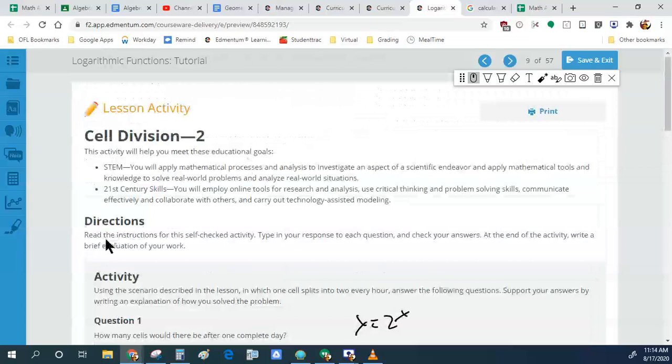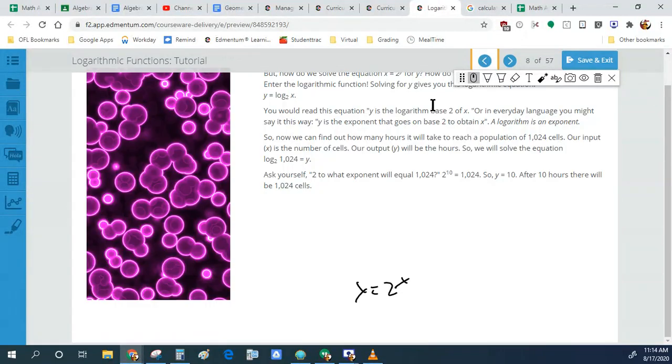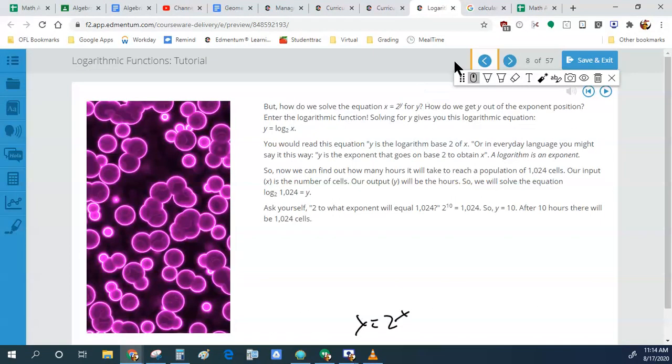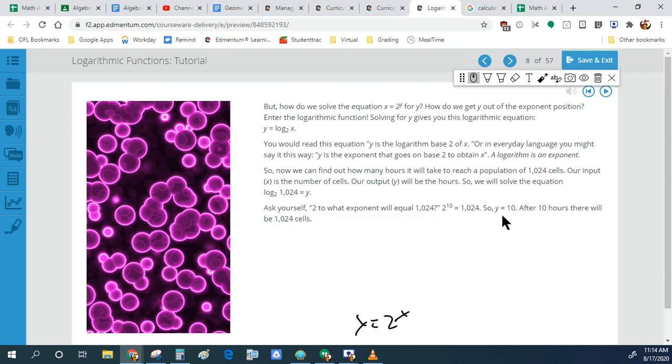Which activity are they talking about? Read the direction for each. Oh, they're talking about this scenario. You would read this equation as log base this, exponent that. So after 10 days, there would be that many cells. That makes sense. But which problem are they talking about?